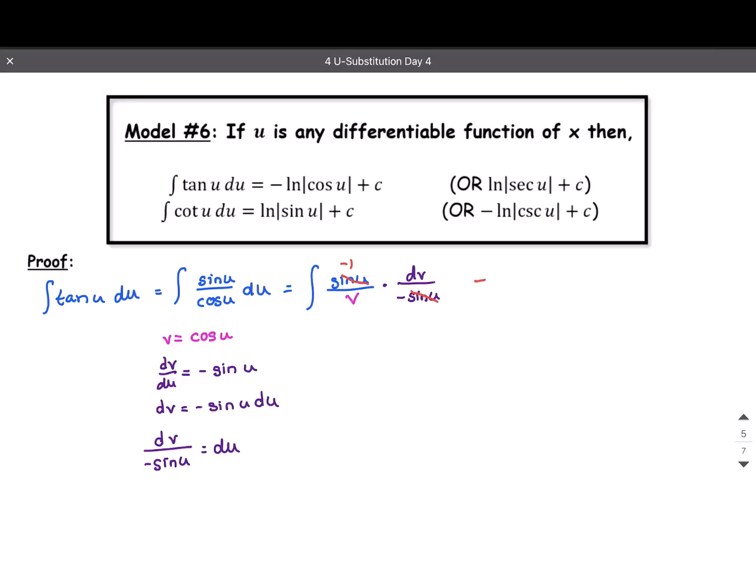So it's going to be the negation of the integral of 1 over v dv. Well, that's the negation, and I know that the antiderivative of 1 over v is the natural log of the absolute value of v plus c, equals the negation of the natural log of the absolute value. But what was our v? That was cosine u.